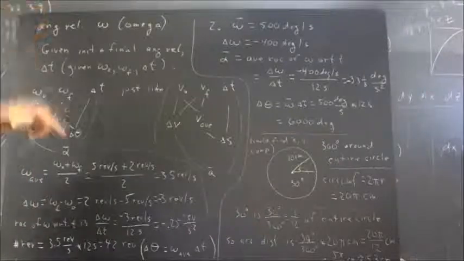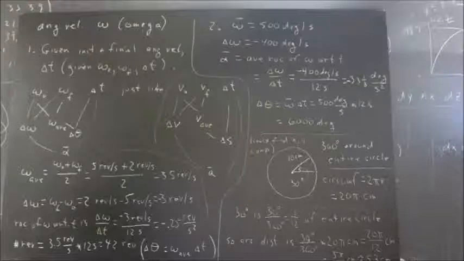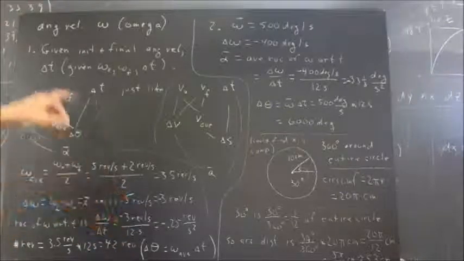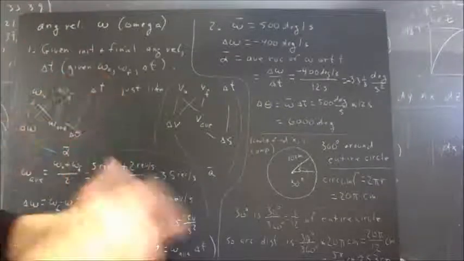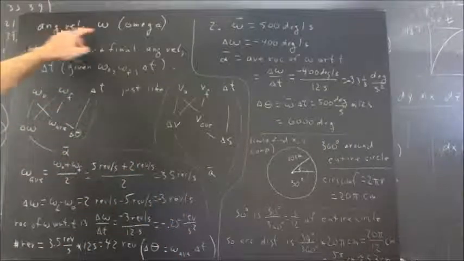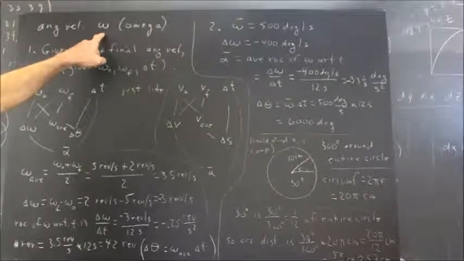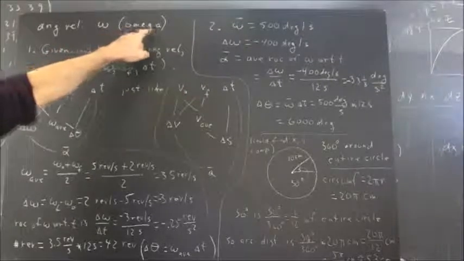Now, because there are differences, we don't use V for the velocity. We call the rotational velocity angular velocity. Angular velocity we designate by omega. That's an omega. It's not a W, it's an omega, O-M-E-G-A.